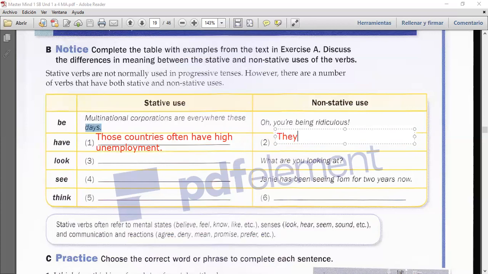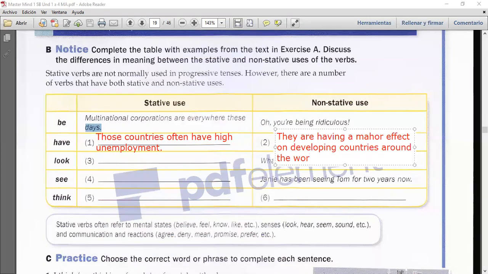They are having a major effect on developing countries around the world.